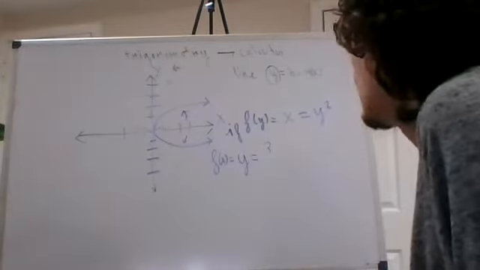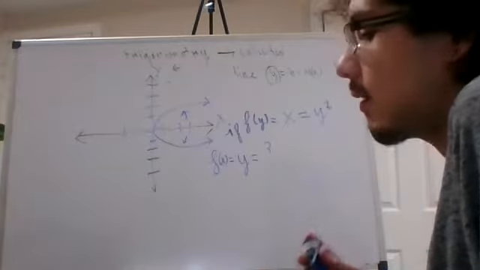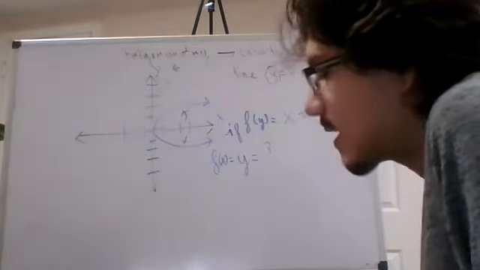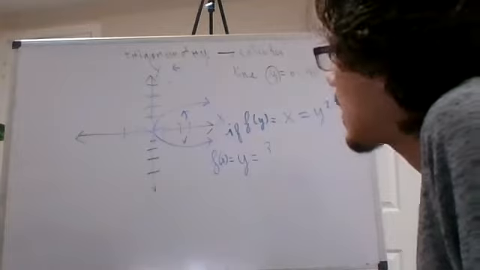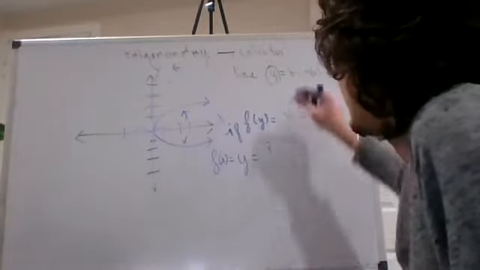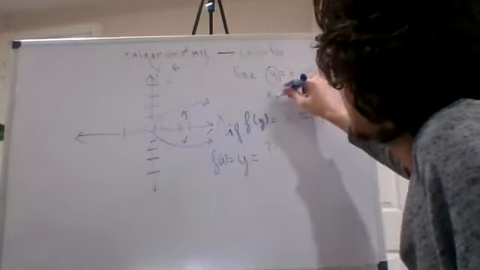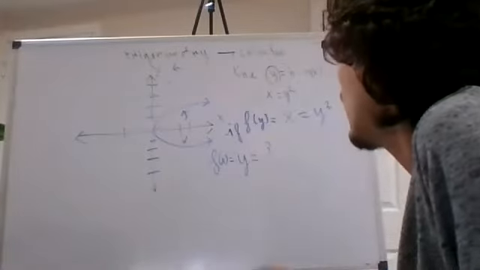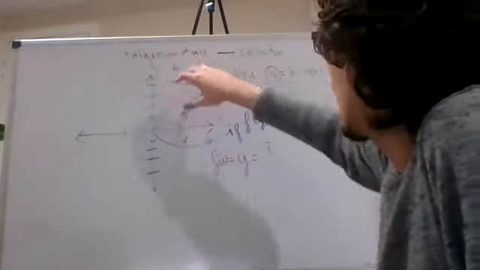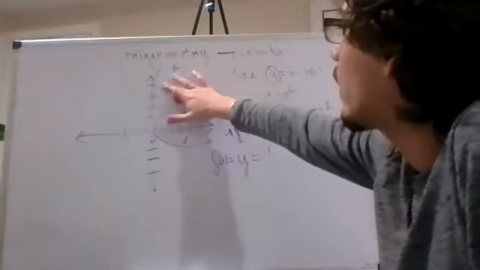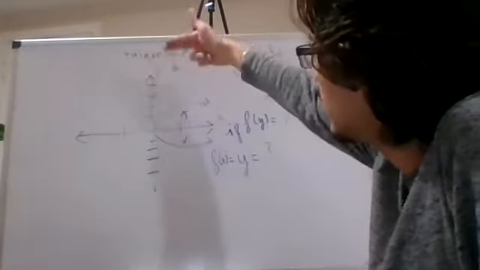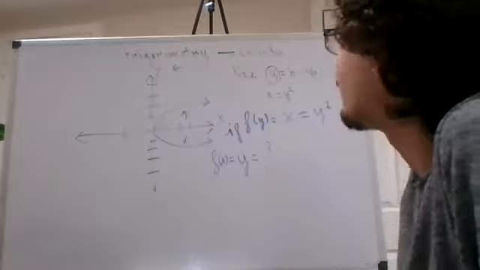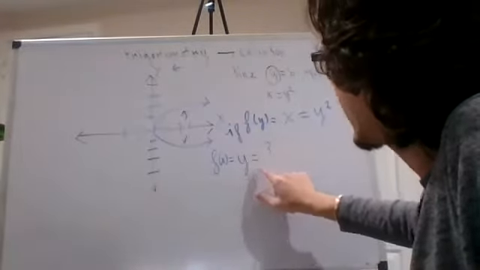Okay. So one really good way of thinking about math is by saying to yourself what information we have, and it might become clearer. So what we had originally was that x was equal to y squared. That's what happened, we inverted it. And now we want to find out what this function would be normally. For functions where y is the dependent variable and x is the variable, we want to write it as y equals.